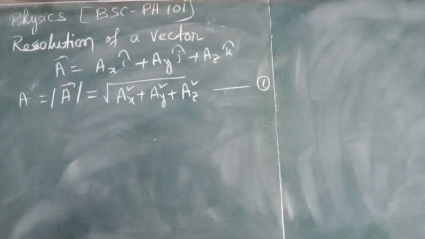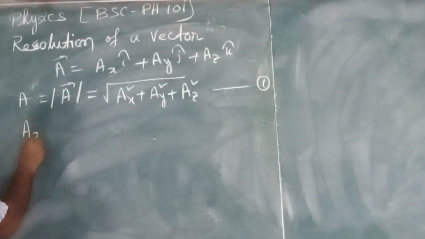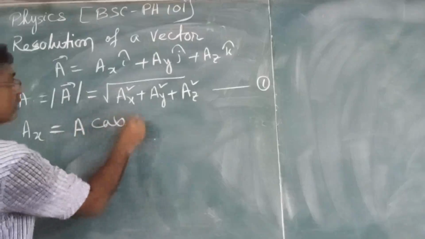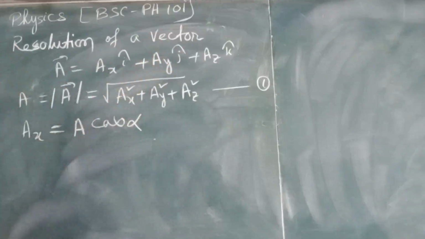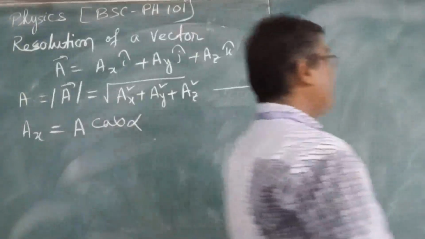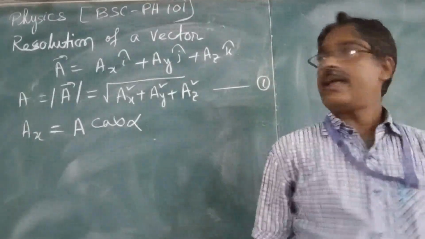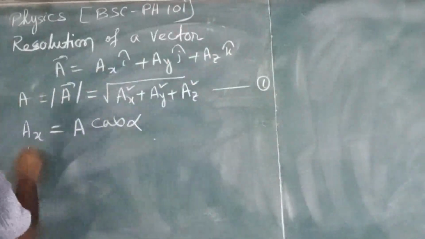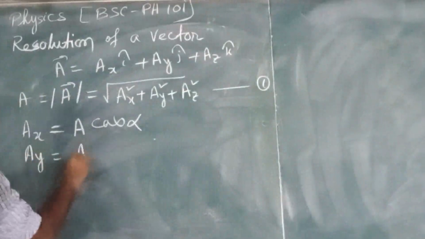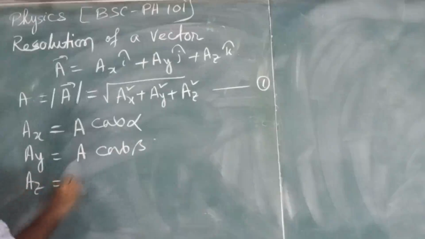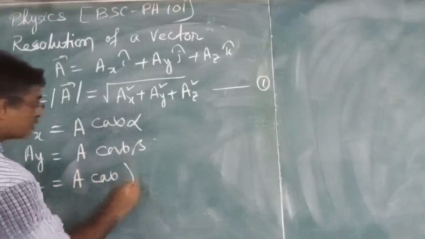Now, the components: from the figure we get ax equals A cos alpha. Similarly, ay equals A cos beta and az equals A cos gamma.